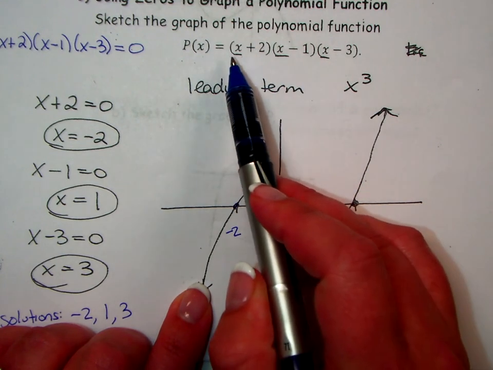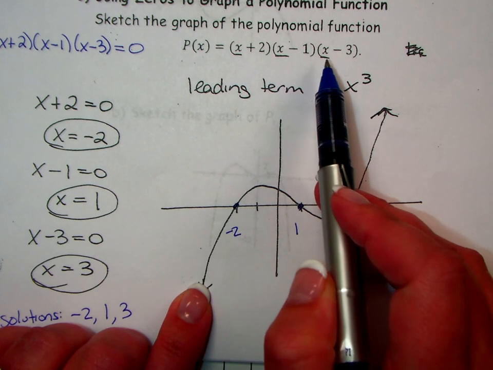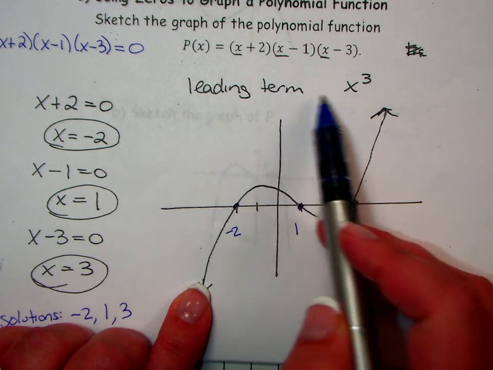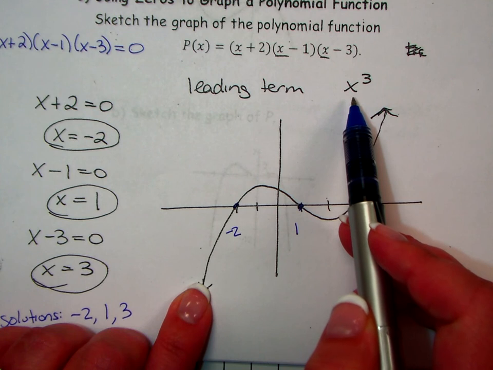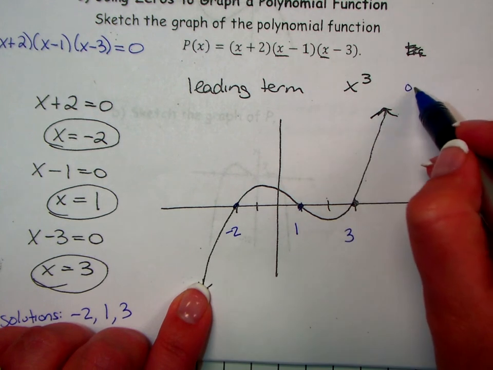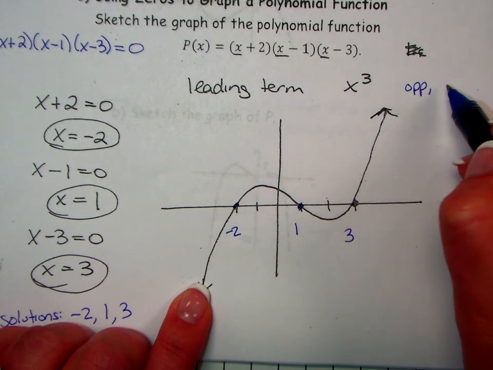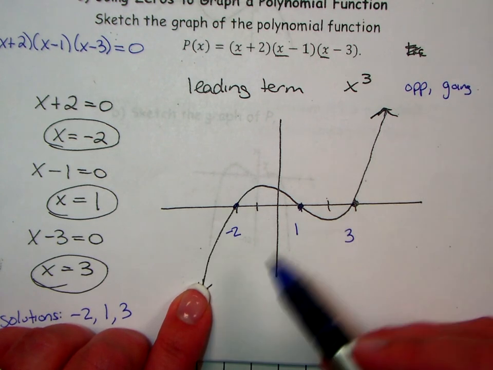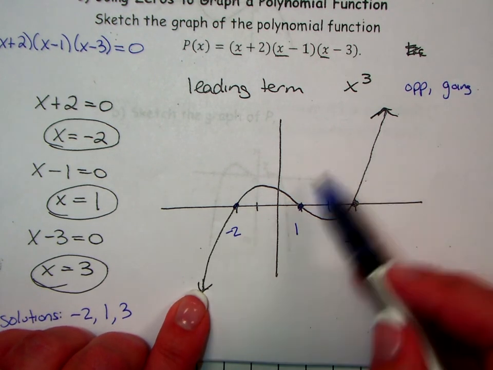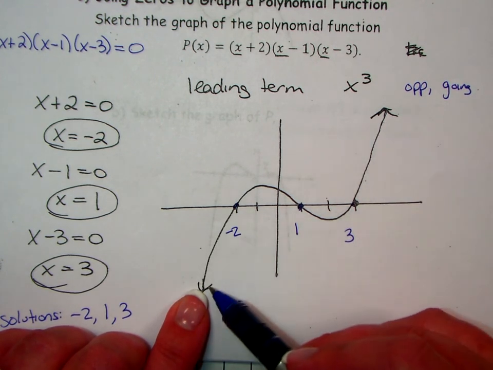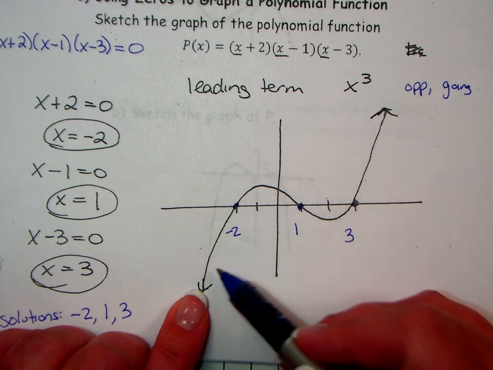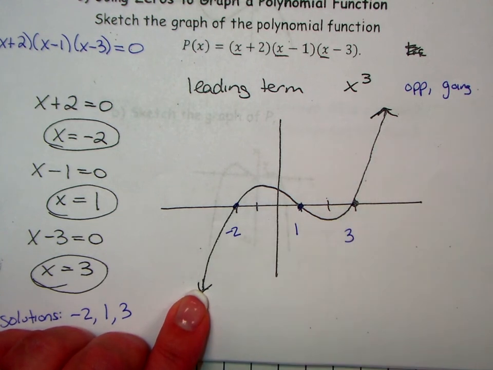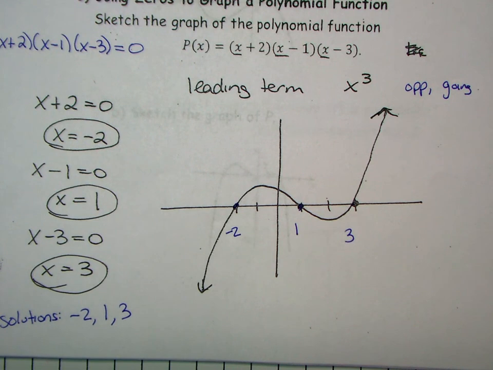If I were to multiply x times x times x, that would be my highest degree term, and so my leading term is a positive x cubed. That means the end behavior is opposite and that it should be going up. Okay, so if it's going to be opposite, because it's odd, and going up, it's got to start down and end up. So I started down, okay, and crossed all those x-intercepts to where it's going up.